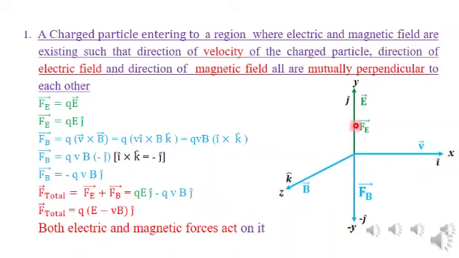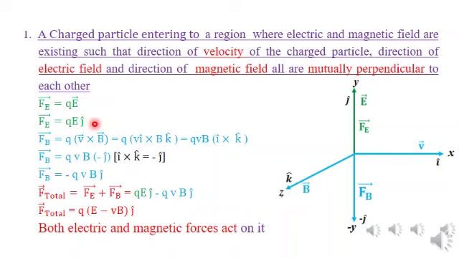The expression of electric force that we have studied in the first chapter is vector F_E equals Q into vector E. Since the electric field is directed along the y-axis, vector E can be replaced by E into j cap.